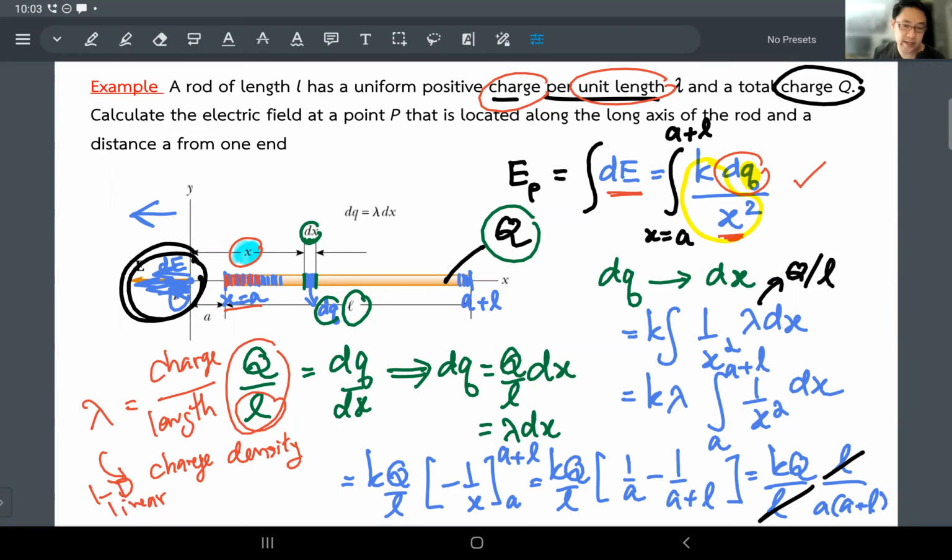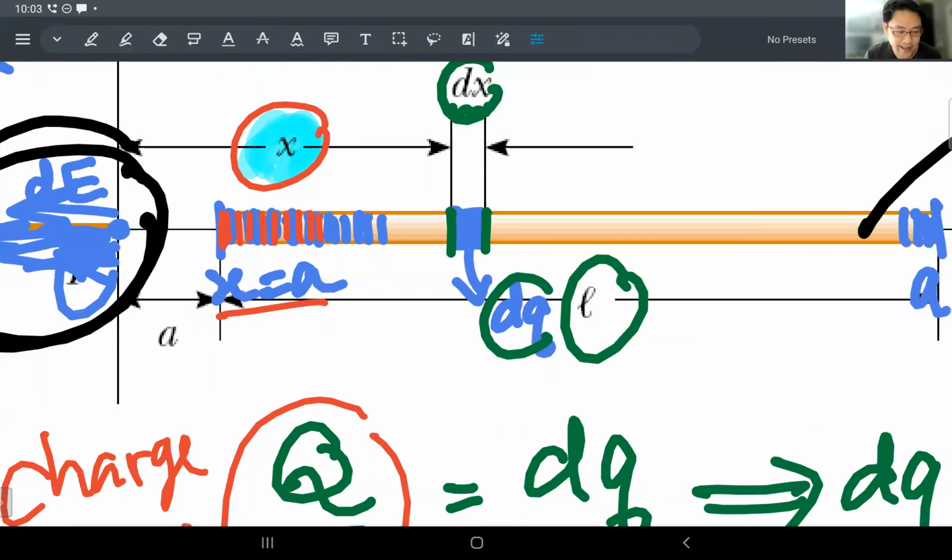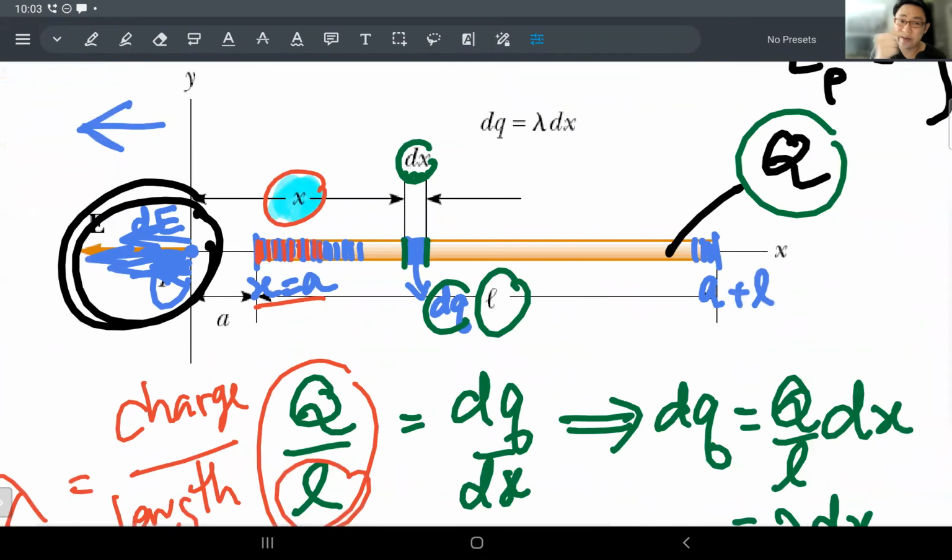In contrast, last time we didn't see much of the vector aspect, because all of those tiny mini electric fields generated from that tiny dQ were pointing along the negative x direction.